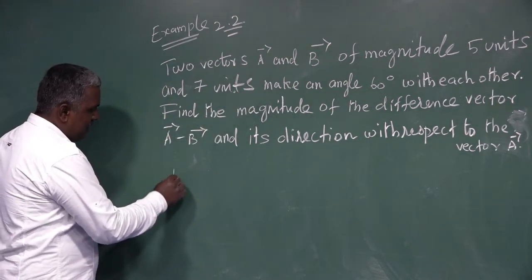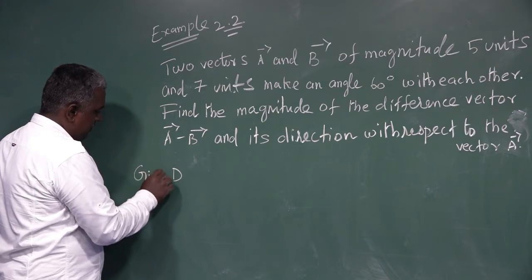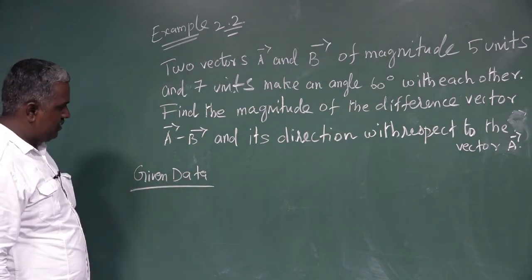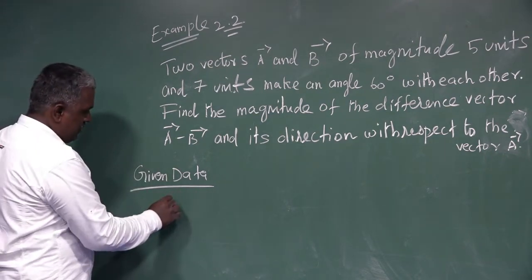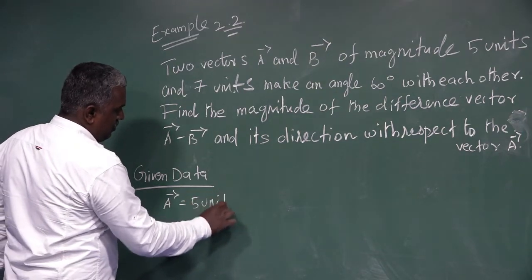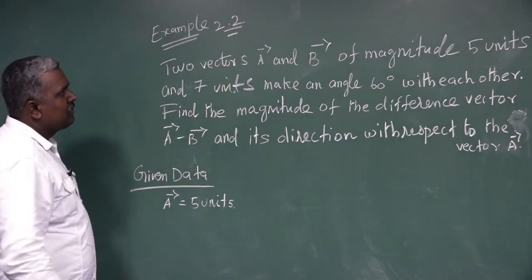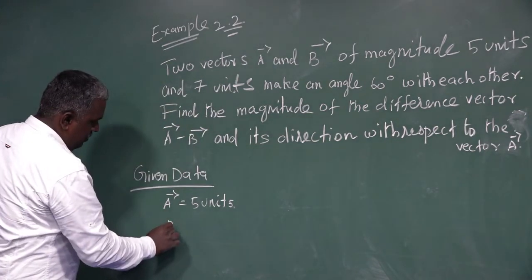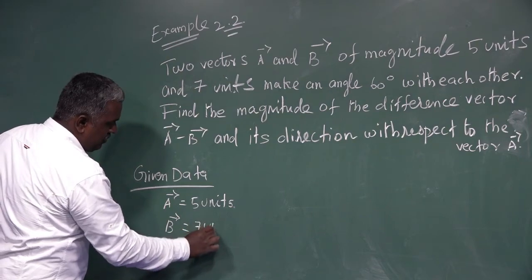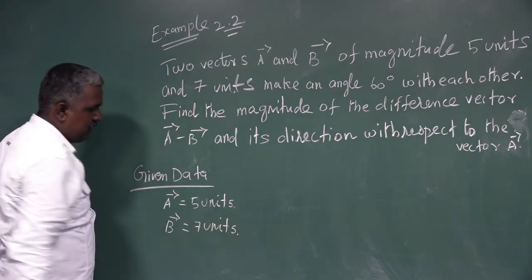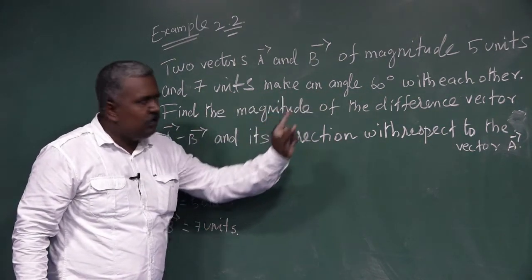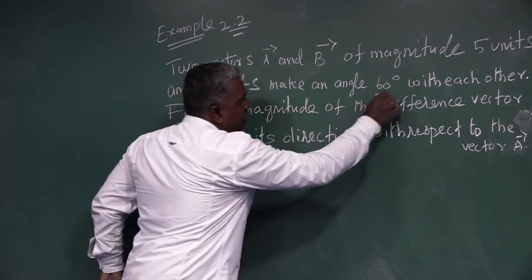So the given data, this is the first step: A vector is equal to 5 units, B vector is equal to 7 units, making an angle 60 degree.